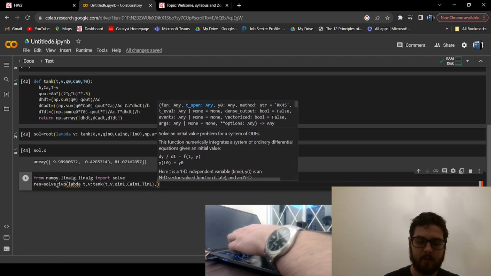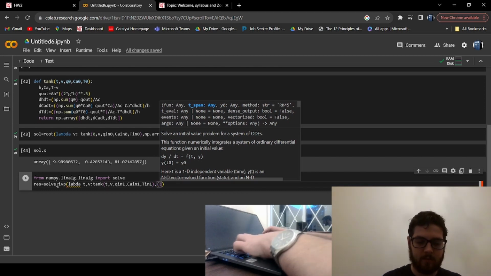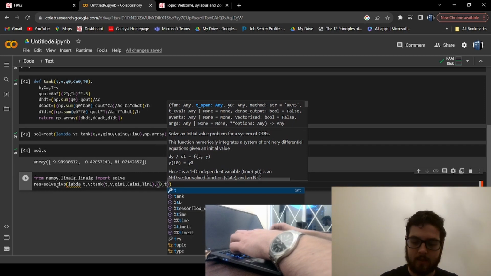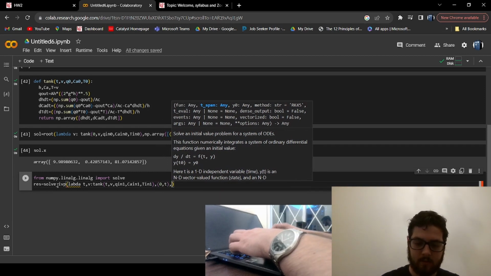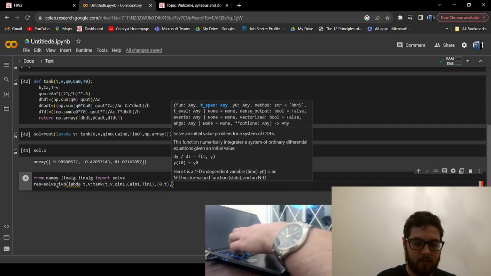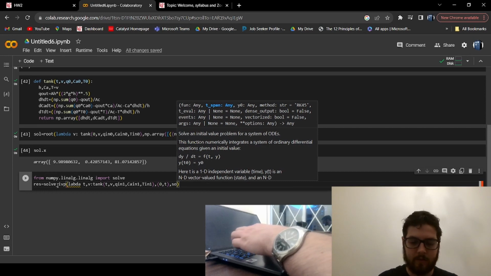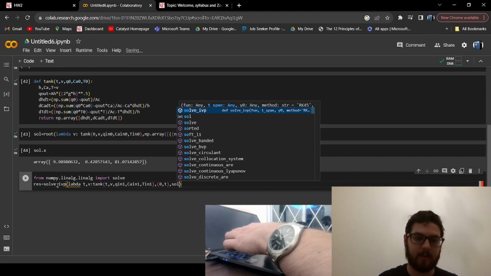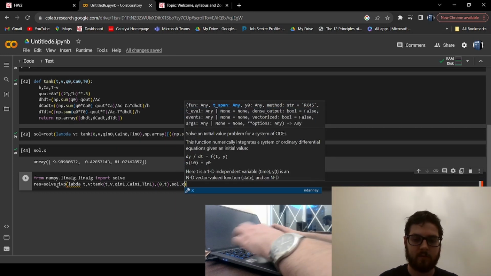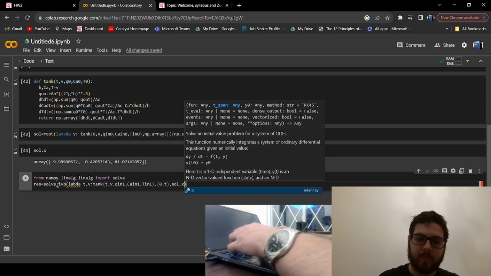And then we need it from time 0 to the time that we set, and then we need an initial y value. So we want the initial y value to be the solution from the initial steady state. So it's not just starting from scratch.